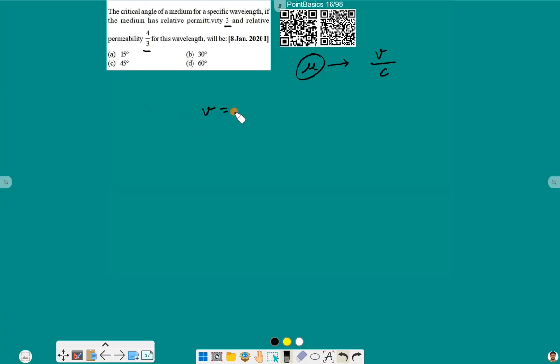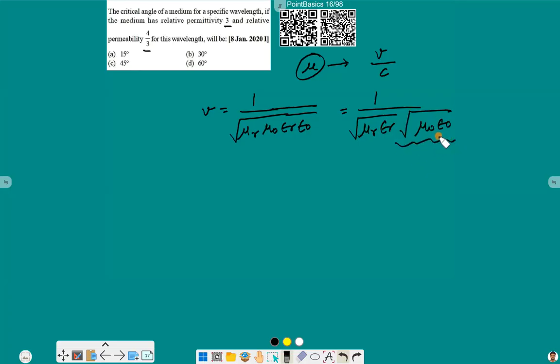So velocity inside a medium of an EM wave is equal to 1 over root of mu r into mu naught into epsilon r into epsilon naught. Now this can be written as 1 over root of mu r into epsilon r, into mu naught into epsilon naught. Now this term is equal to C. So basically V will be equal to C over root of mu r and epsilon r, which are given to us, so 3 into 4 by 3.